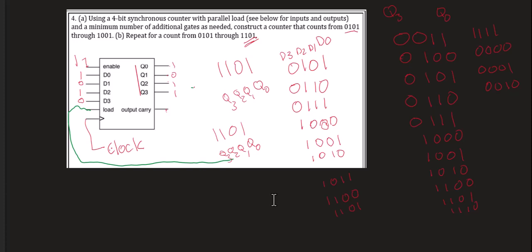Would you AND Q0, Q2, and Q3? That is what I would do, because the first time in my counting sequence that these are all 1s is when I reach this number. And you have that go into the load.